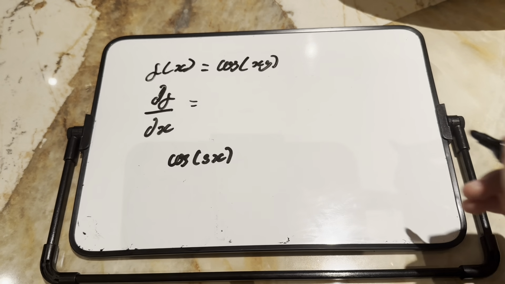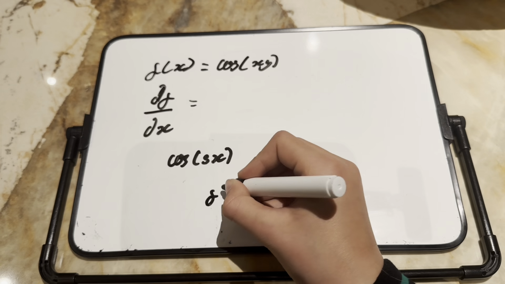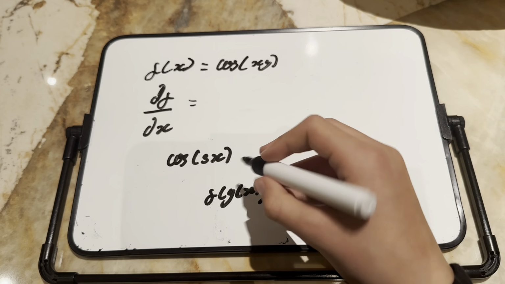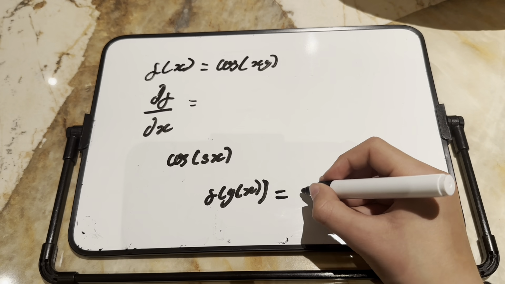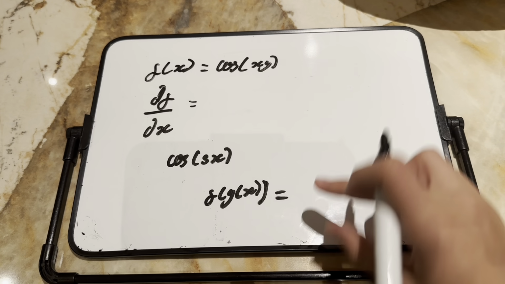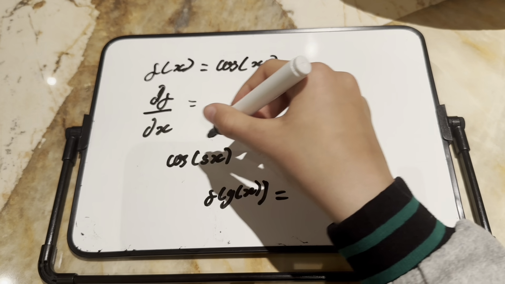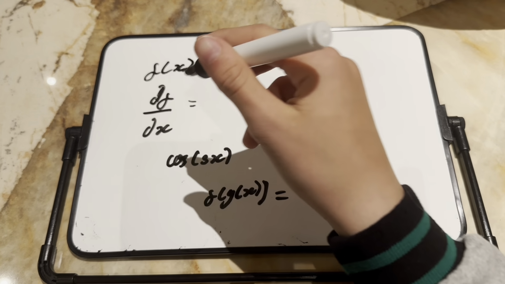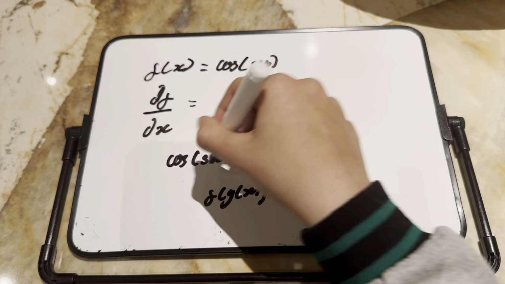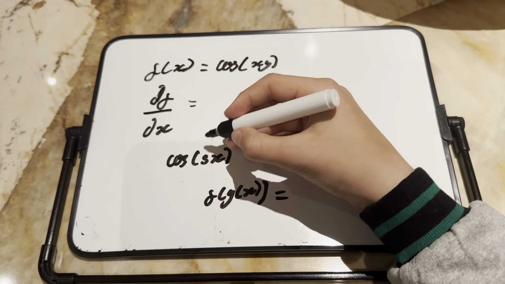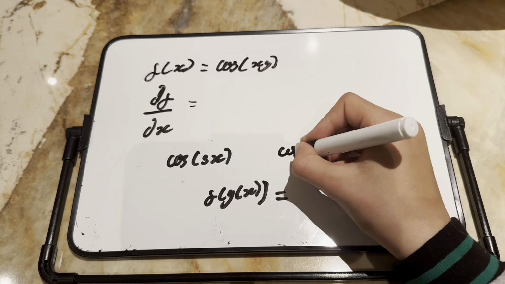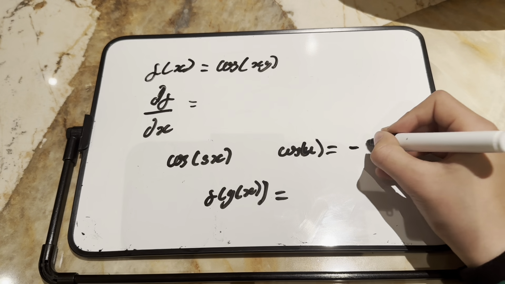If you remember the chain rule, it states that if we have f of g of x and we want to differentiate it, we say that the inner part is u, find the derivative of cosine of u, and multiply by the derivative of the inner part. So what is the derivative of cosine of u? It is equal to negative sine of u.